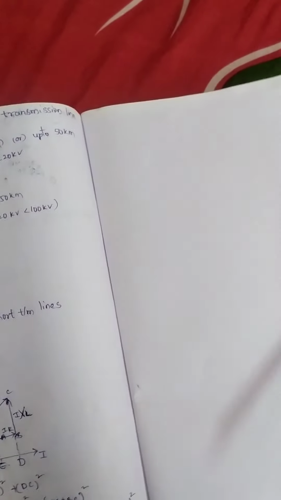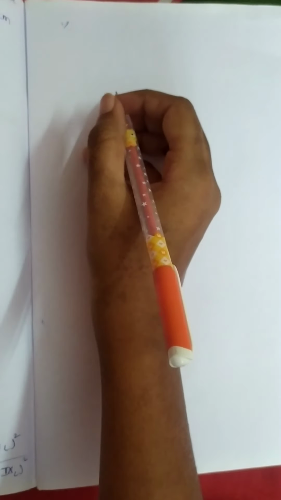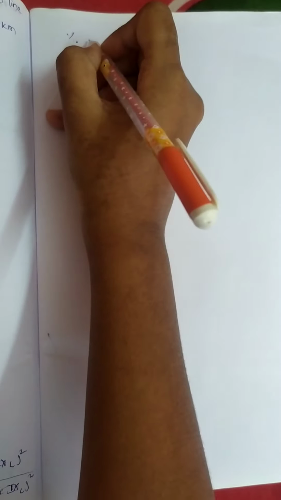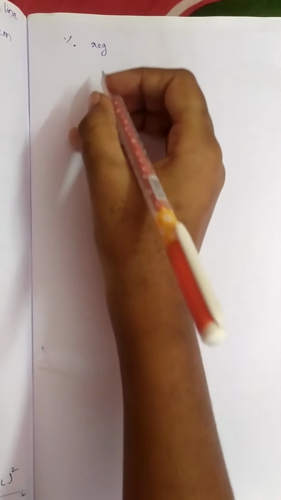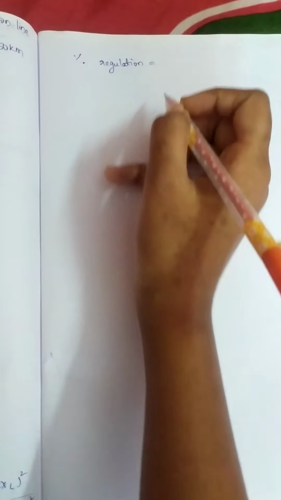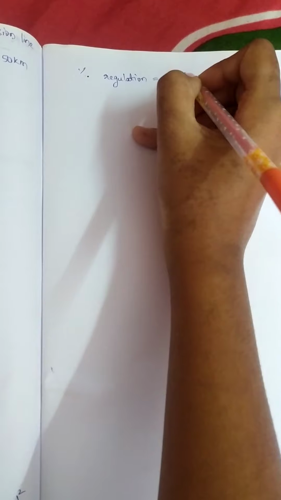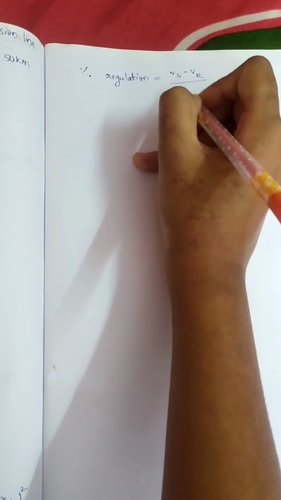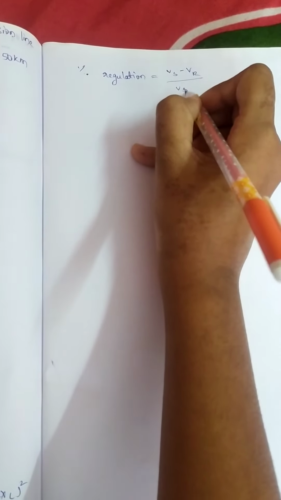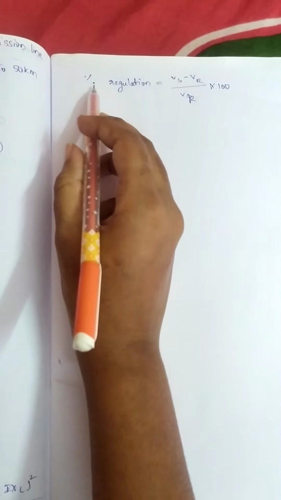And we will calculate the percentage regulation. We know the percentage regulation formula is equal to sending end voltage minus receiving end voltage, divided by receiving end voltage, into 100, because we are calculating percentage.